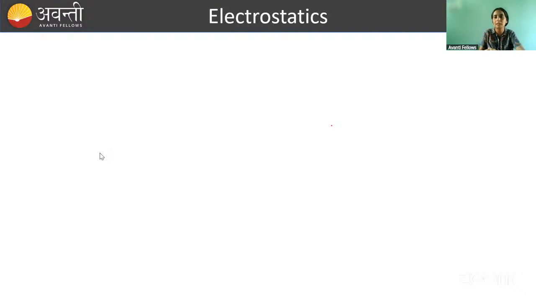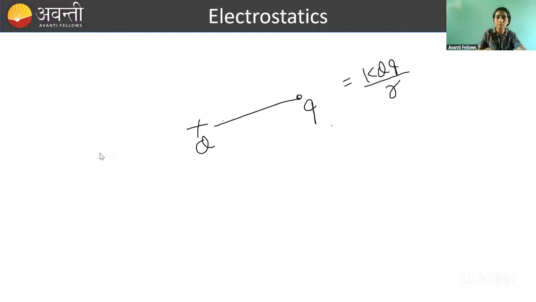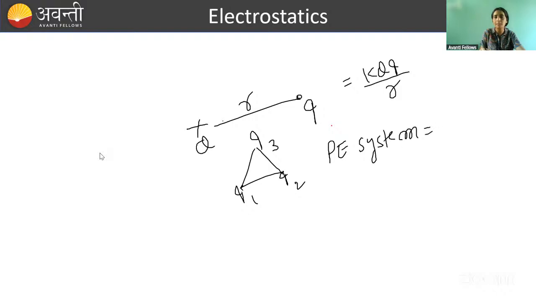और हमने क्या पढ़ा था कल की क्लास में, we studied potential energy of system of charges. So for two charges it is kq1q2 by r, if it is separated by distance r. If there are more number of charges in a system, then how we calculate potential energy of the system. इसके लिए we first calculate how many pairs we are going to do. So pairing thing we identify by the formula nC2.